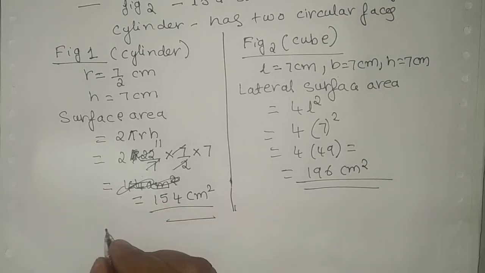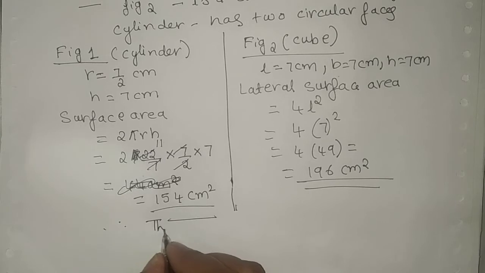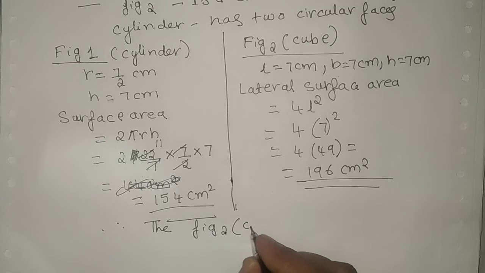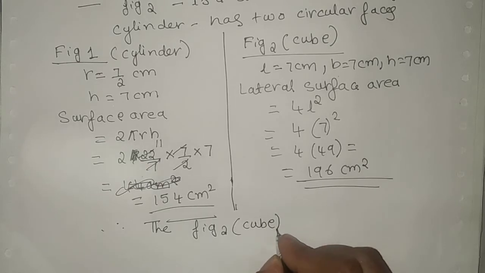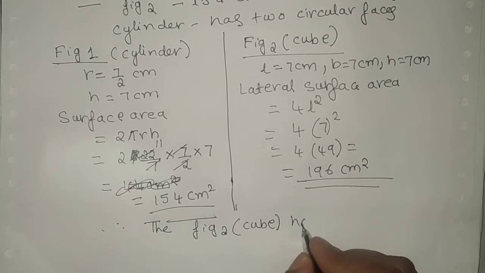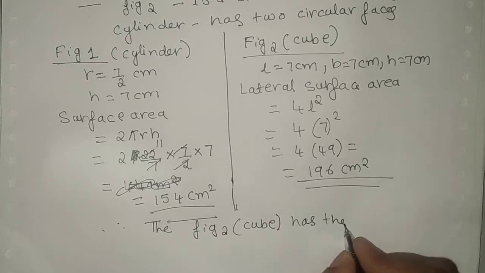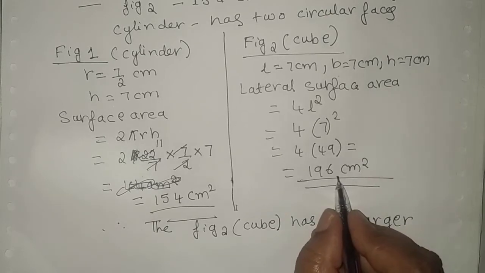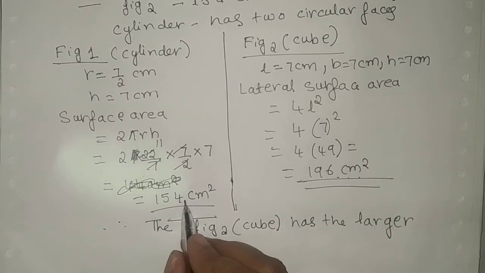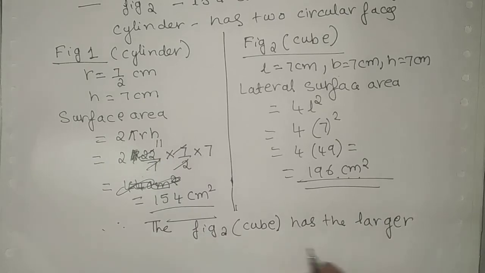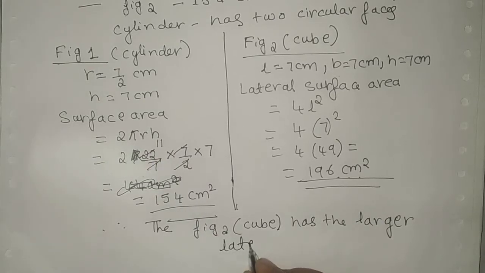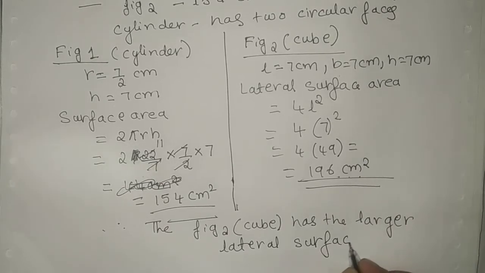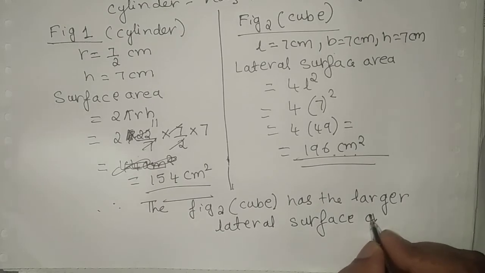So finally, therefore the second figure or figure 2, that is cube, or we can also say box, has the larger, that is this one is 196 centimeter square, this one is 154 centimeter square, larger lateral surface area.